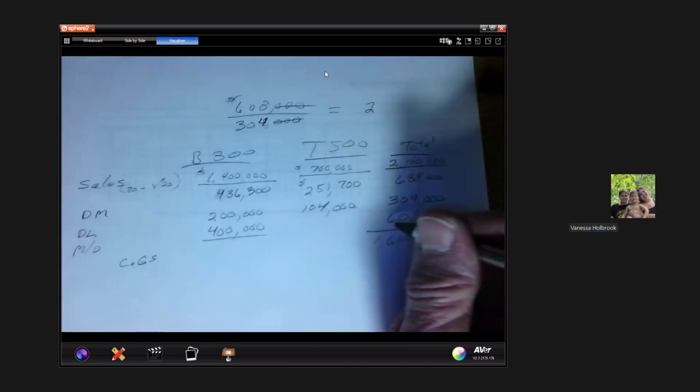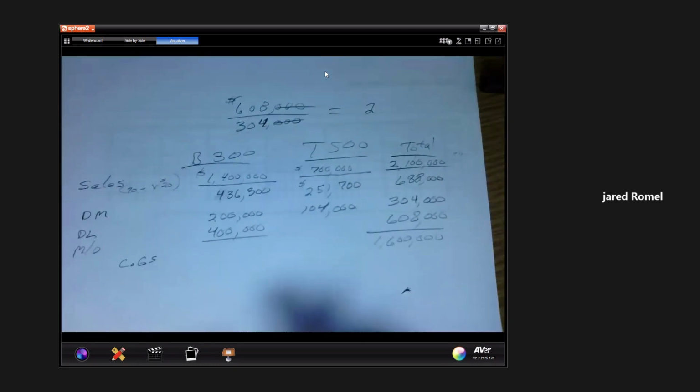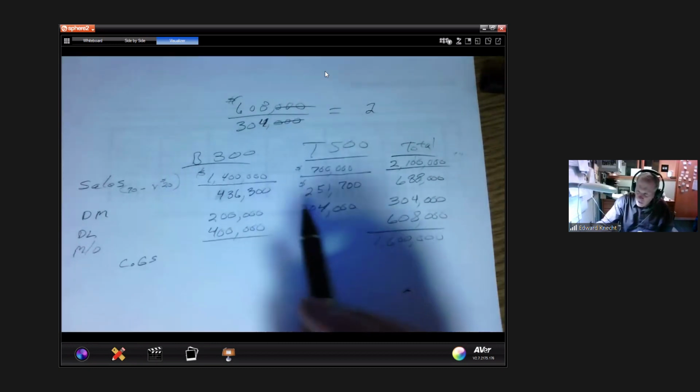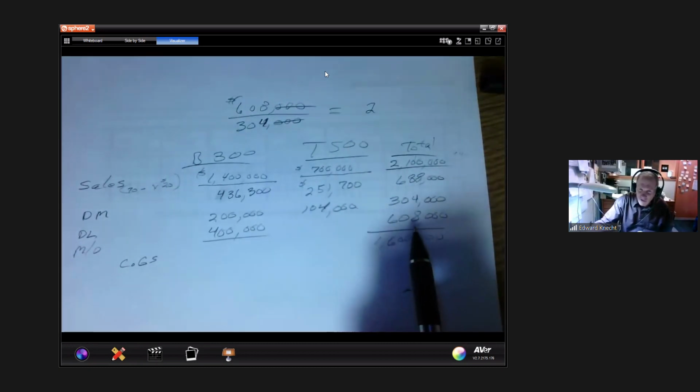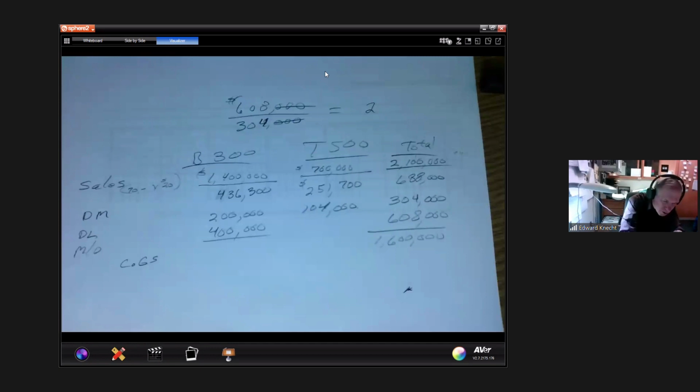Can you explain why you do that a little bit more? This number right here? Yeah, these numbers were all given. They gave us the total manufacturing overhead. Let's read the requirement again so we fully understand it. Compute the product margin for B300 and T500.